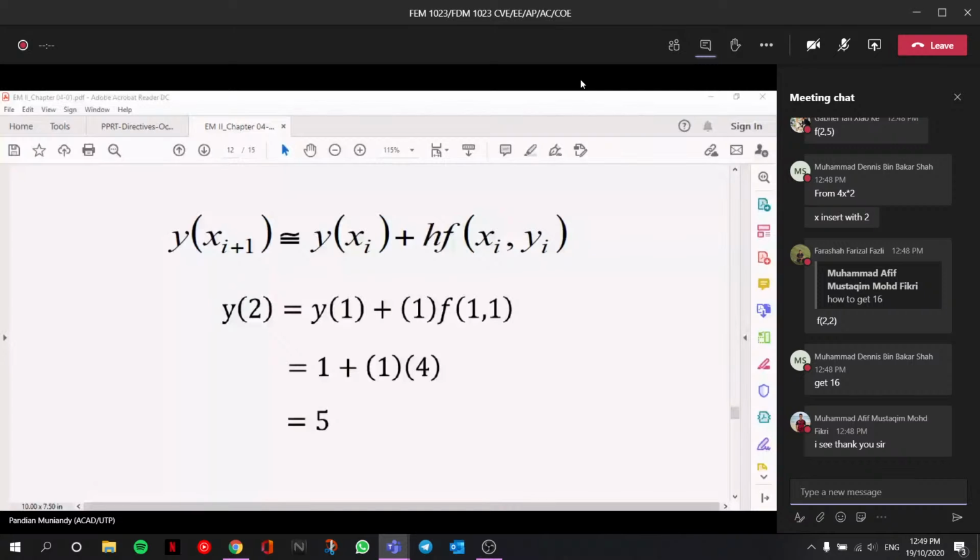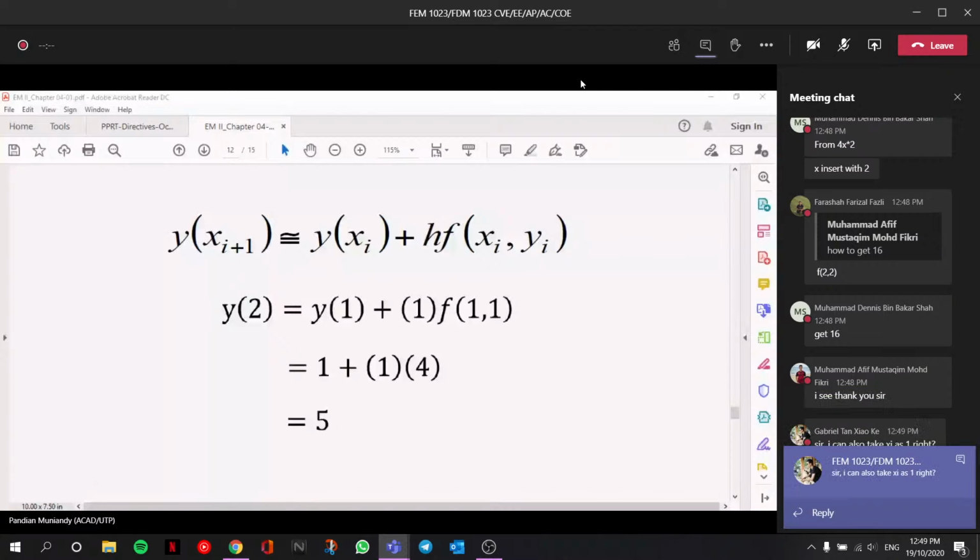So 4 squared, 4, 16, 5 plus 16 equals to 21.